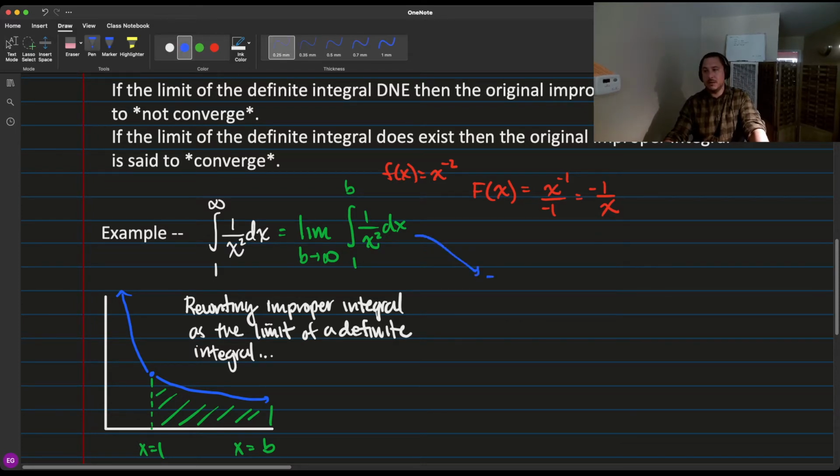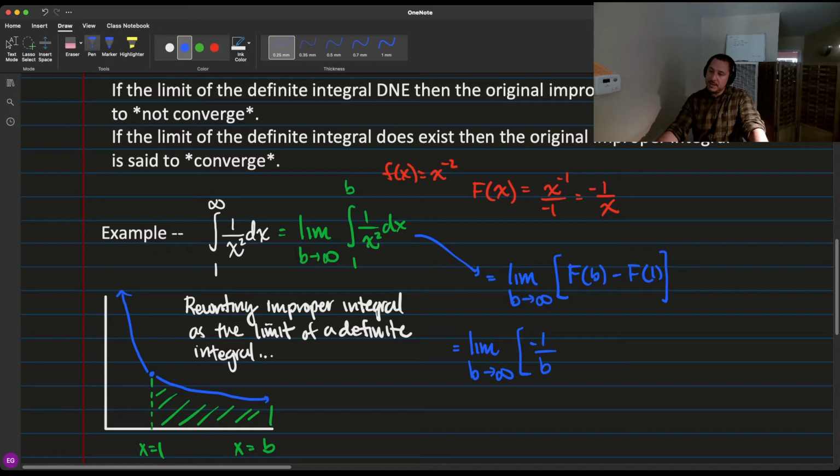Okay, so now this is going to be equal to the limit as b goes to infinity of f of b minus f of 1. And now we can plug all that in, so you're going to have the limit as b goes to infinity of, well, if you plug in b, you're going to get minus 1 over b minus, if you plug in 1, you get minus 1 over 1.